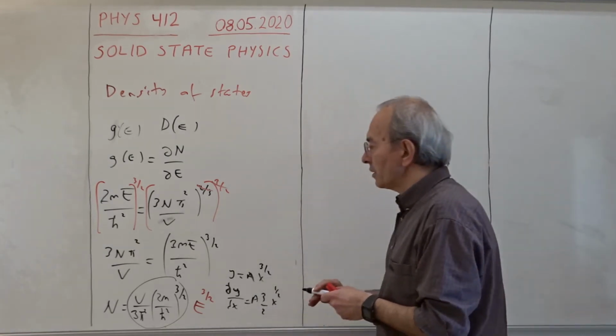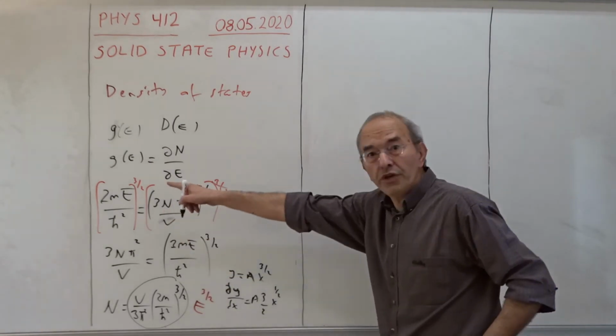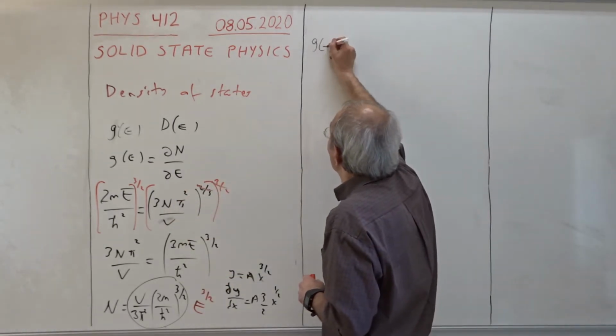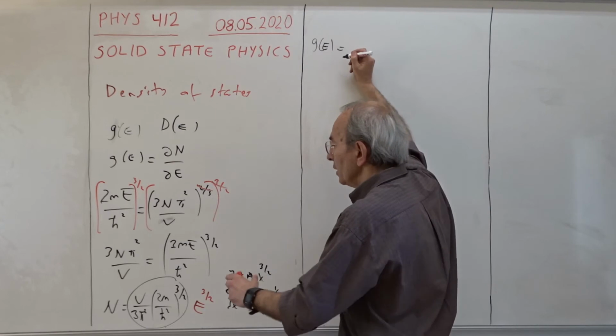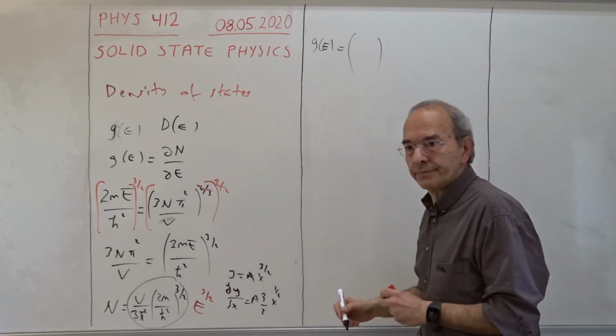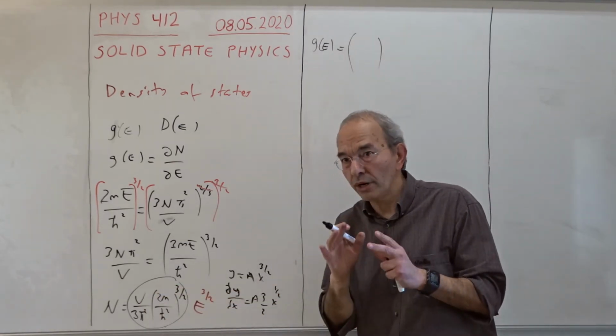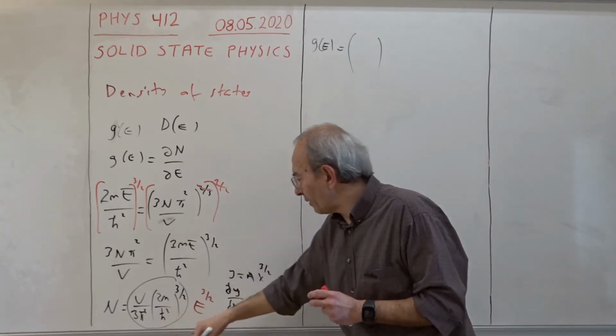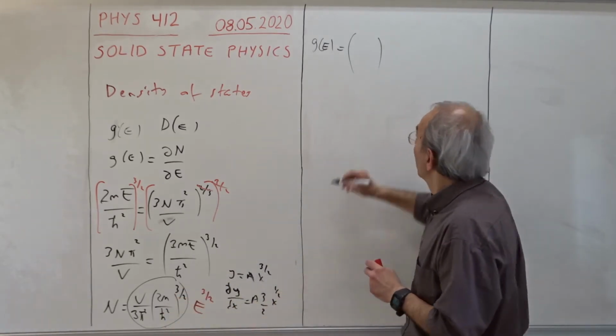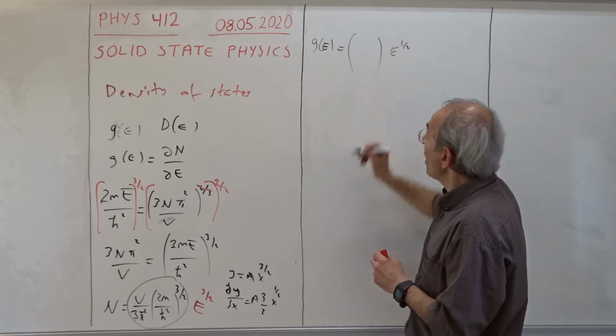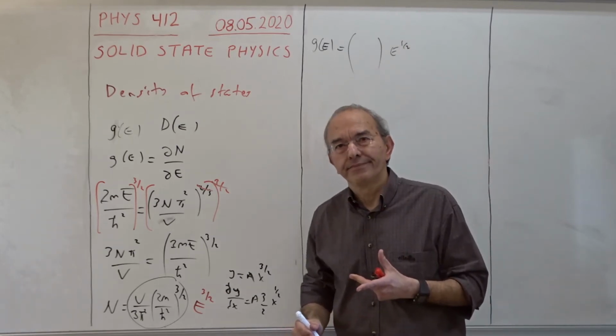So as we expect, the result will be G of E. G of E will be some constants, not important too much here, and 3/2 also comes, and it is just E to the 1/2, square root of E.